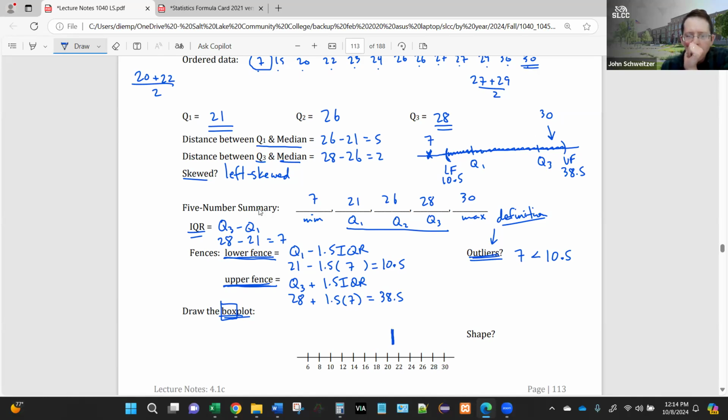Then we're going to go to 26, which is Q2, and we're going to put another vertical bar above 26, the exact same height if we're drawing it by hand. Then we go to Q3, which is 28. With those in place, we'll then put a horizontal line on top and a horizontal line on bottom.